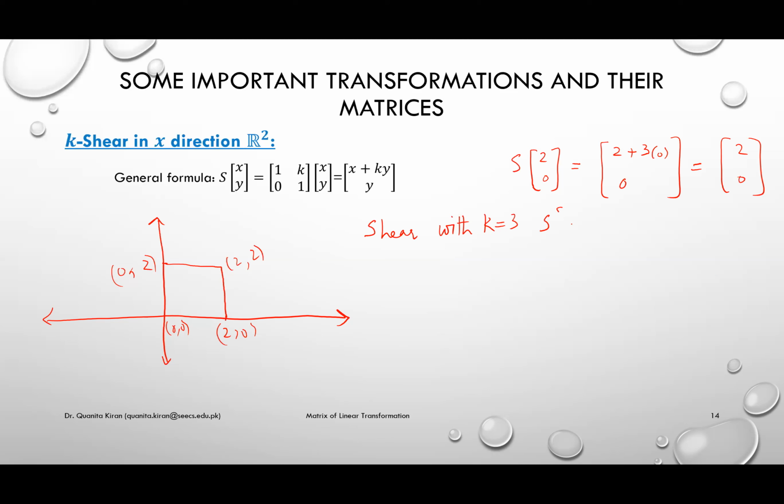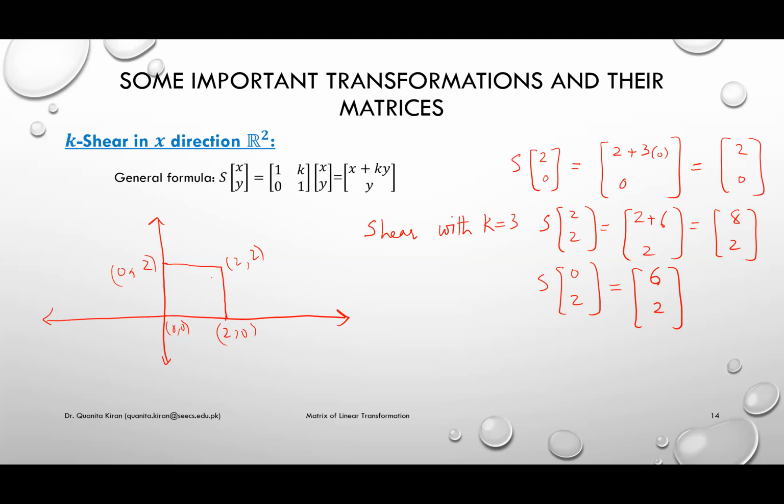So it maps (2, 2) onto (2 + 6, 2), so it is (8, 2), and it maps (0, 2) onto (6, 2). So these are the vectors. We see this vector does not change, this vector does not change, and (2, 2) maps on (8, 2).